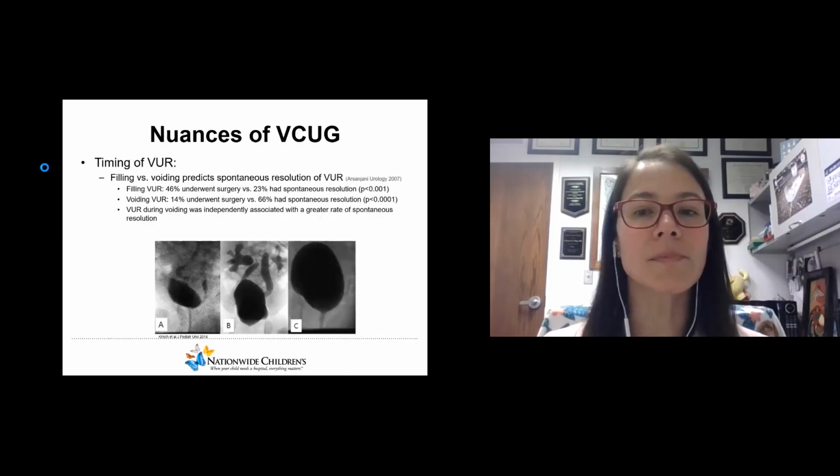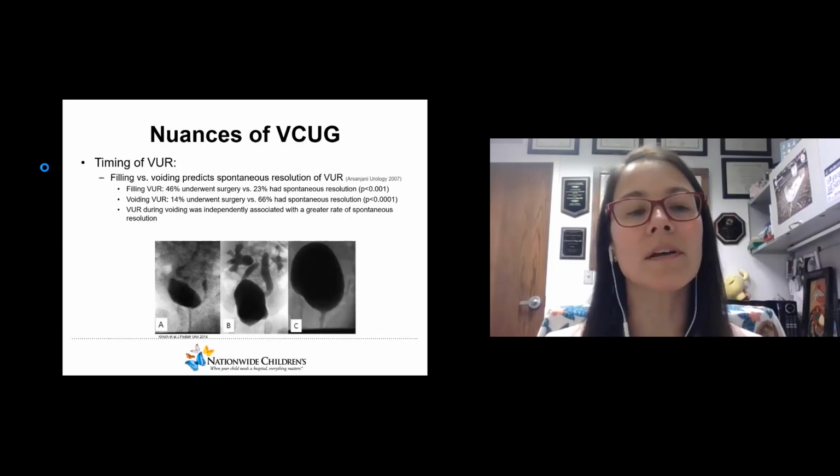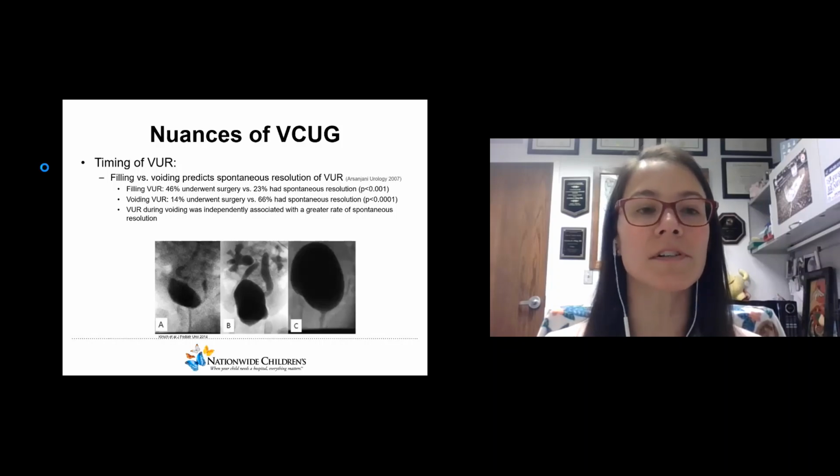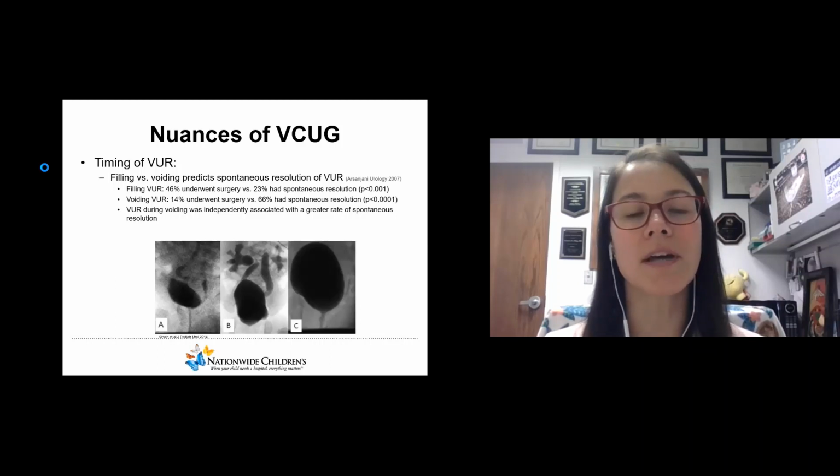Another important aspect of the VCUG is the timing of reflux. Did it happen at filling versus voiding? And actually finding that this difference can predict the spontaneous resolution of reflux as well. In this study, they compared the timing of reflux and looked at whether it determined who needed surgery versus who had spontaneous resolution of their reflux.